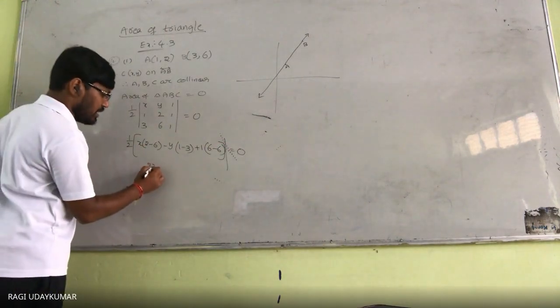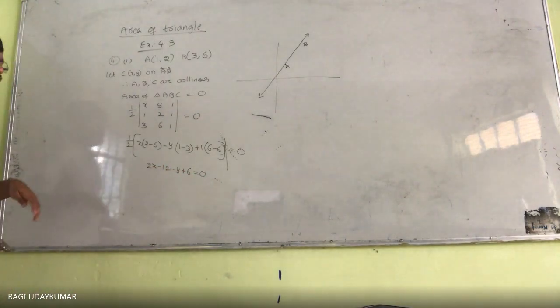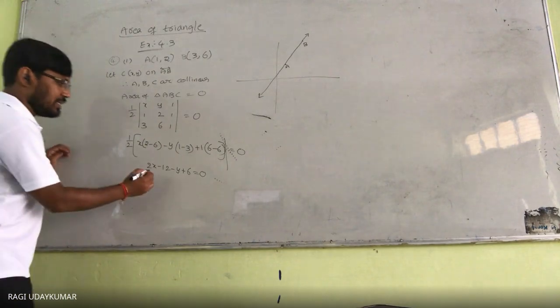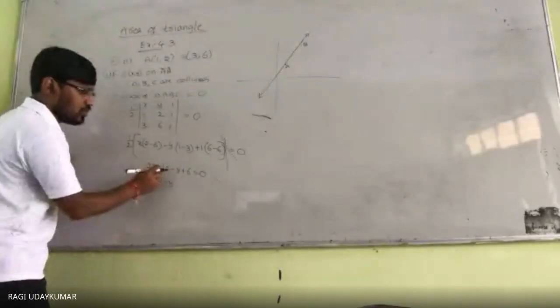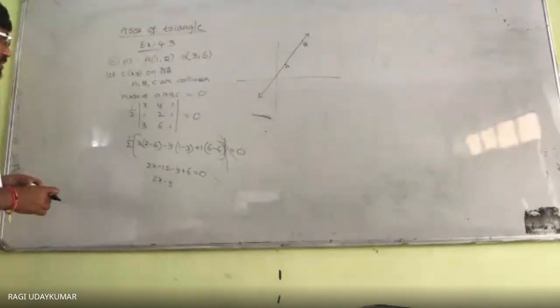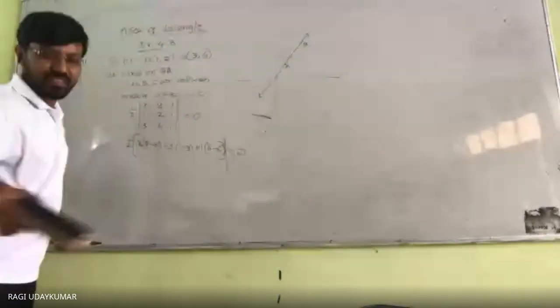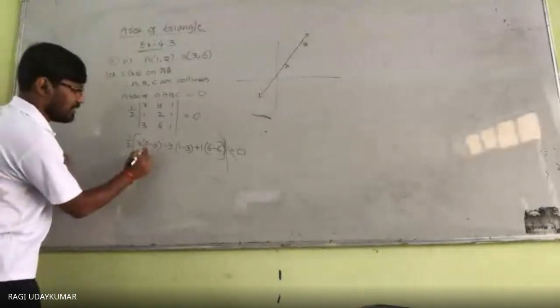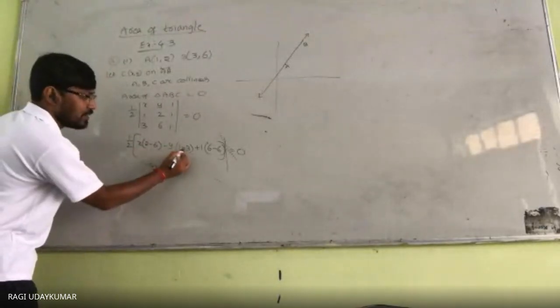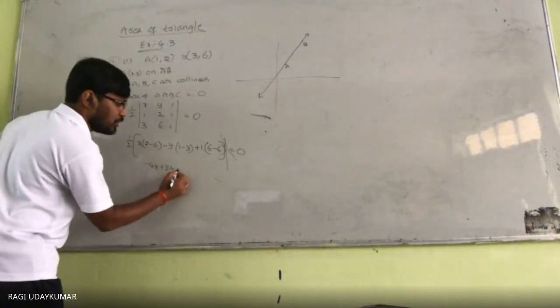What do you get here? 2x minus 12 minus y plus 6 is equal to 0. So we are going to get 2x minus y, wait, sorry, what I did here. 2 minus 6 is minus 4, minus 4x, 1 minus 3 is minus 2, plus 2y plus 0 is equal to 0.